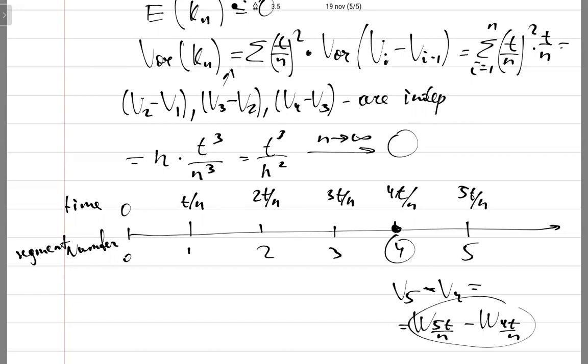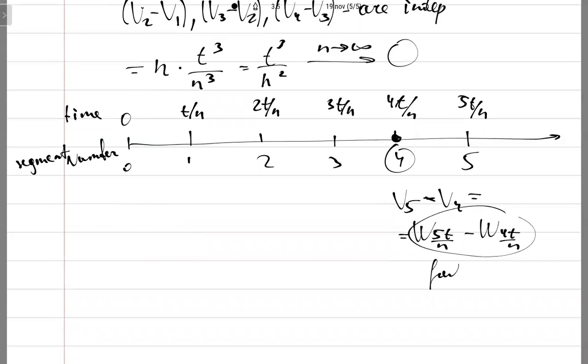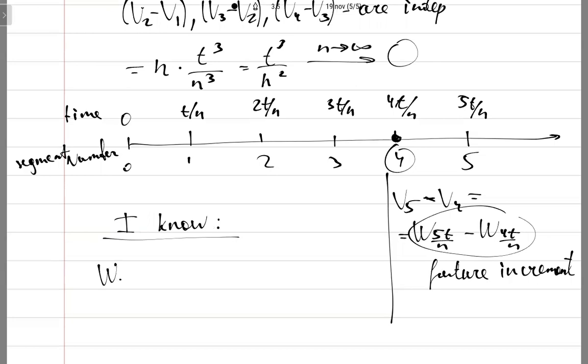This is a future increment for me. And by the properties of Brownian motion or the Wiener process, a future increment is independent of everything I know. But what do I know? I know WT over n, I know W2T over n, I know W3T over n, and all the W's in between.